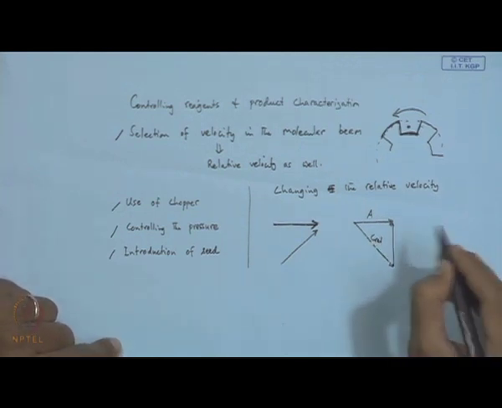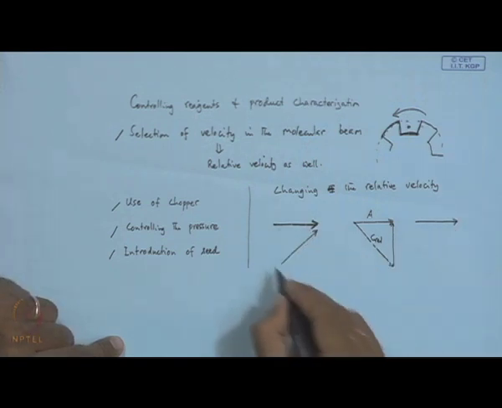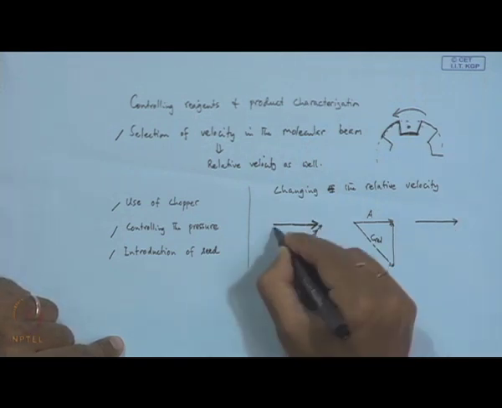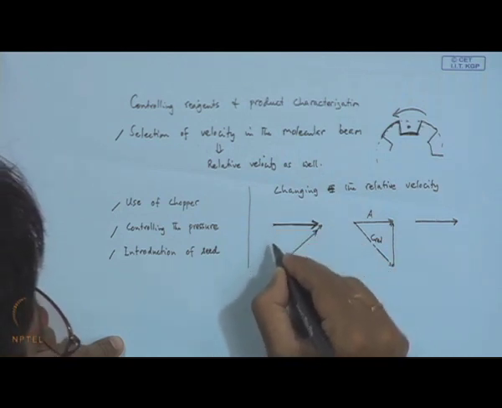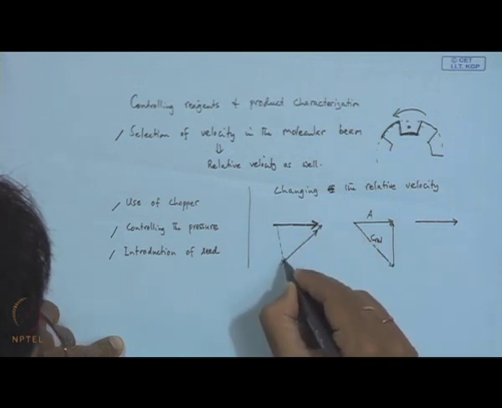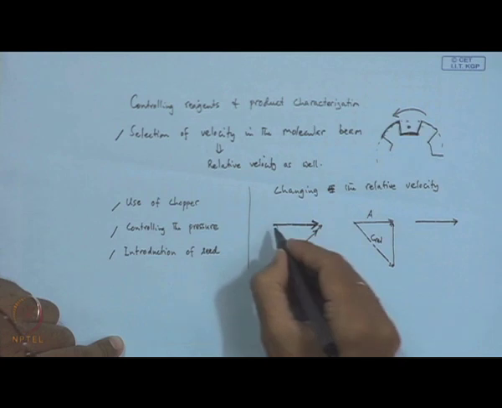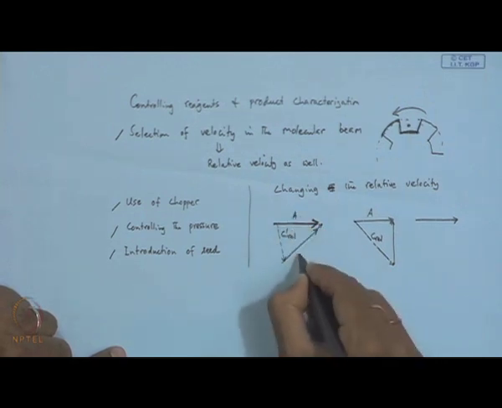In the other case, say A remains like this, and your relative speed has now changed, like somewhere here. If you keep the length fixed, this is your C prime relative, okay. So this is your A, and this is your B.